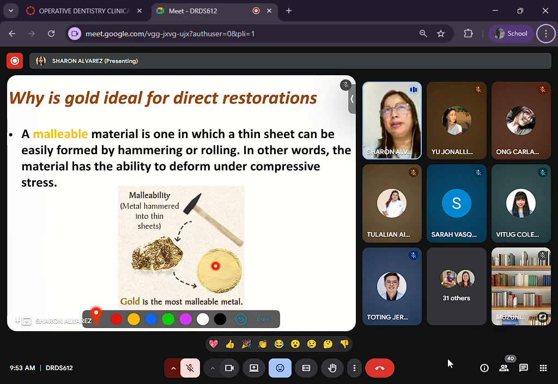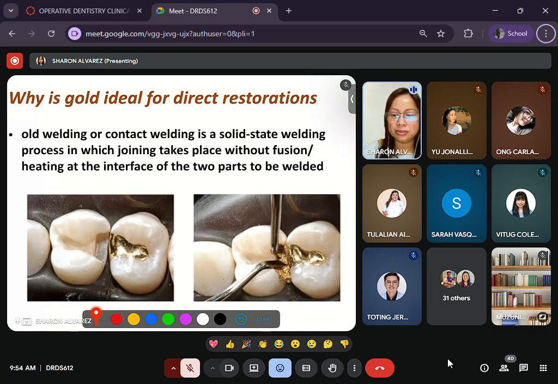So because of that malleability and ductility, imagine that. So good is the adaptation on the walls of your tooth or the cavity preparation if gold is so malleable and ductile. So because of the malleability and ductility of the gold, there is good adaptation onto the tooth preparation. So these are the secrets of the gold, why it is with excellent marginal adaptation.